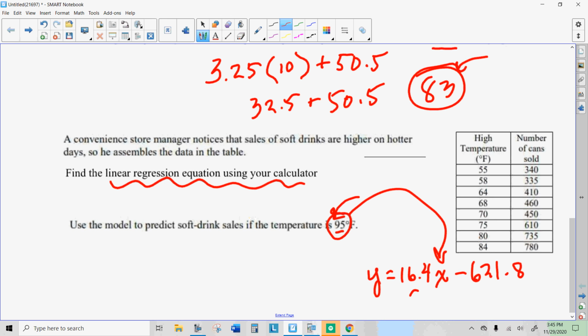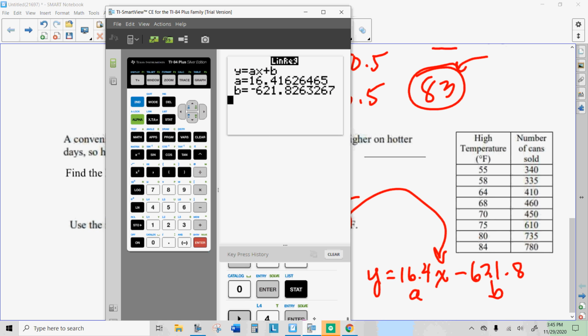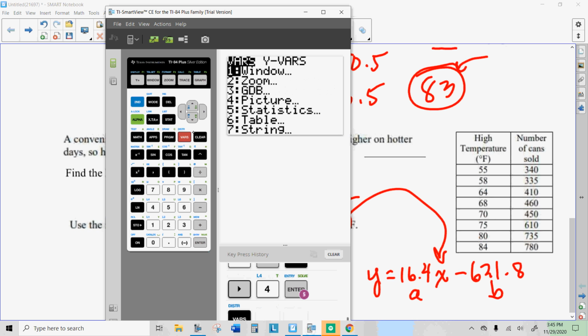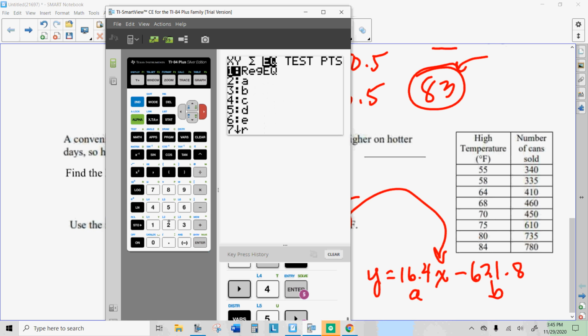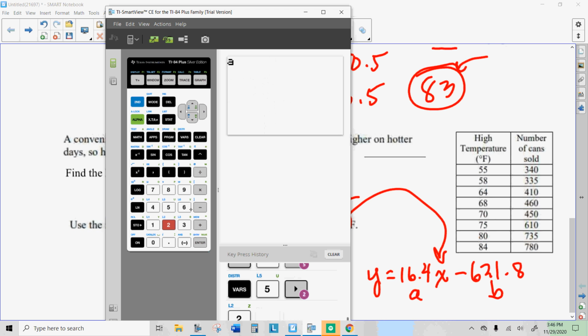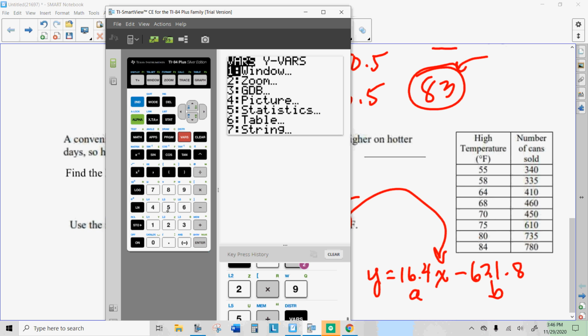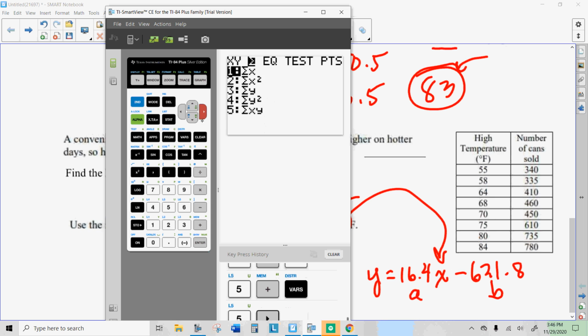On your calculator, this was letter A, and this was letter B. So I'm going to take A, and the place you find A is the variables, number 5 stat, go over to the equation, and there's the letter A, it's number 2 there. I'm going to multiply that by 95, and I'm going to add my B, my y-intercept. Again, to get that, go variables, stats, equation, and the letter B is number 3.